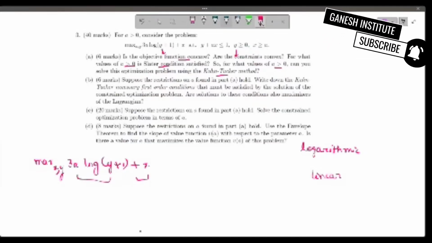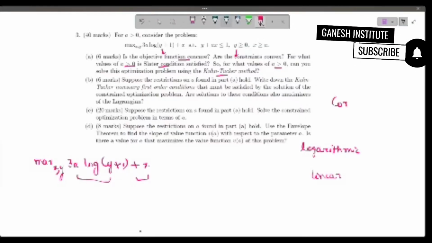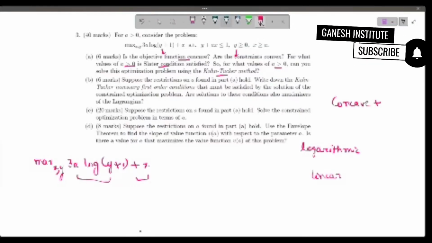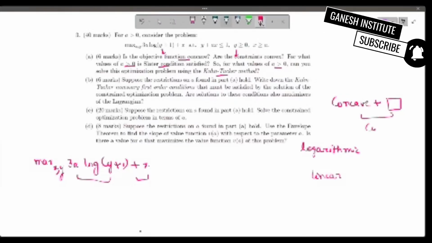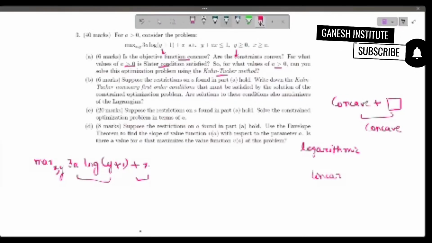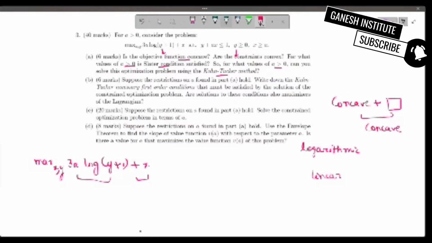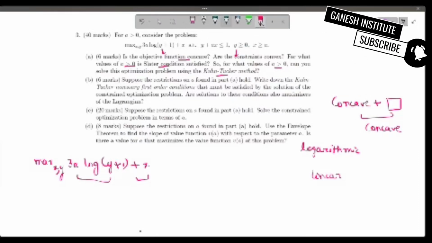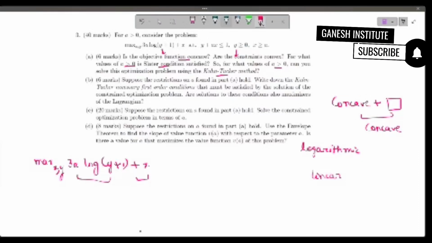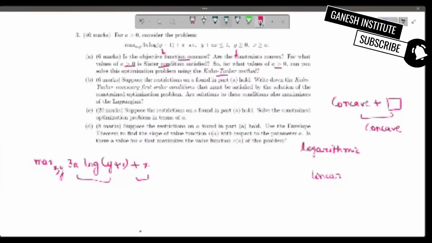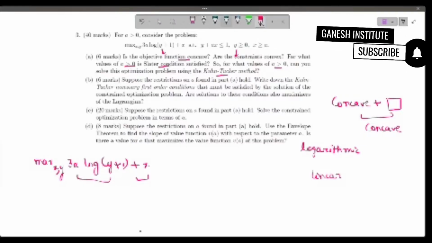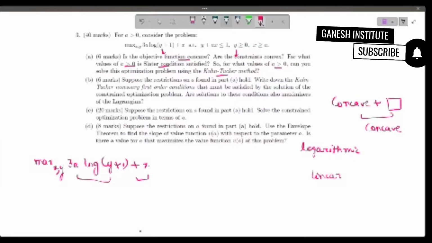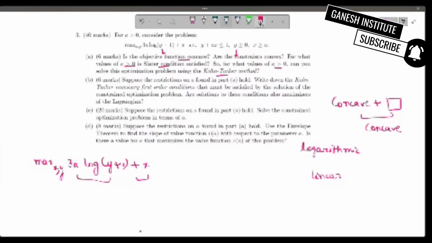If you add anything to a concave function, it gives an upward elevated or expanded function. It cannot be an always increasing function, right?